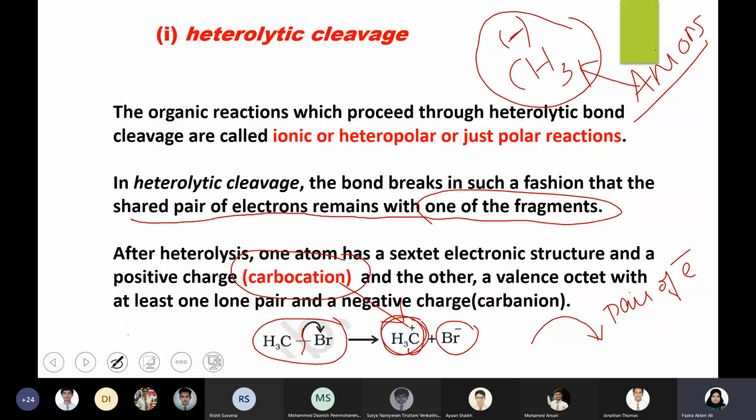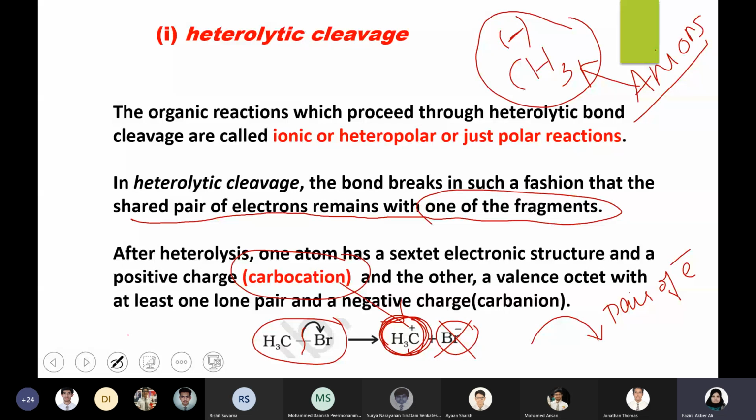These two are the major points we need in heterolytic cleavage, because we are looking for the carbon fragments. We are not worried about bromide or any other species, which we are already aware of. We are looking for carbon fragments with positive and negative charges, that means carbocations and carbanions.